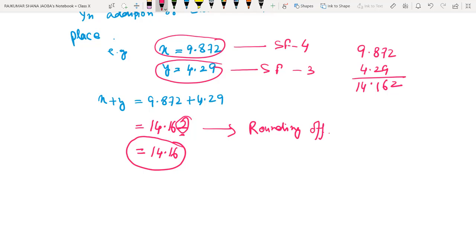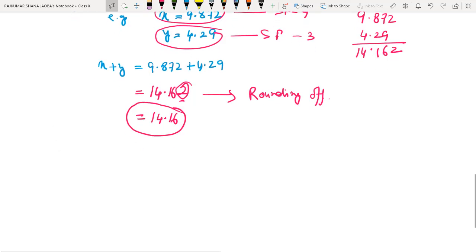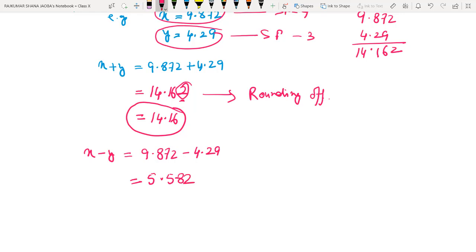On the other hand, x minus y is 9.872 minus 4.29, which gives 5.582. So we round it to 5.58, since the last digit dropped is less than 5.